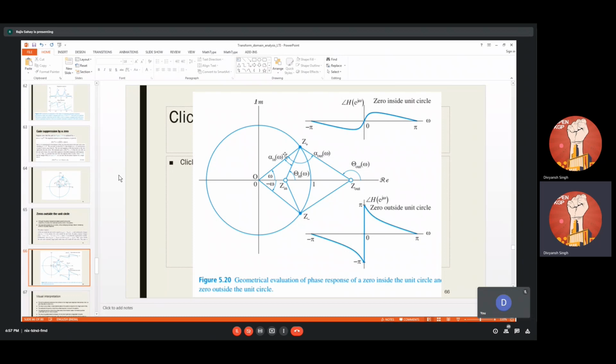Alpha_out will be pi. So as you decrease omega towards 0, this angle will be plus pi. And similarly for this one, the alpha_out is going to be minus pi when omega approaches 0. There is a discontinuity there.